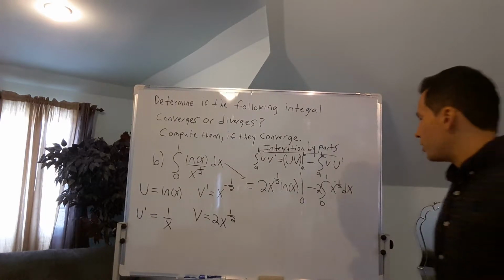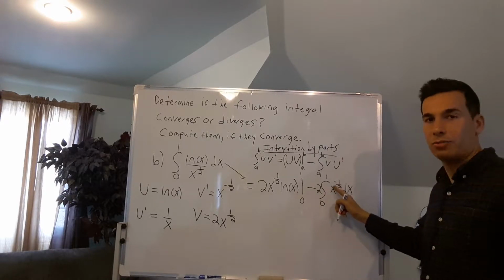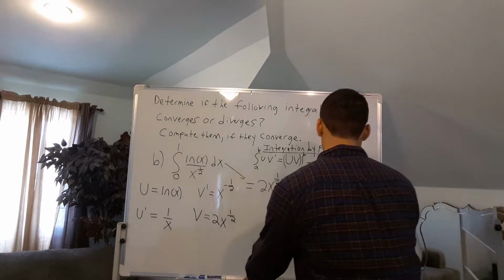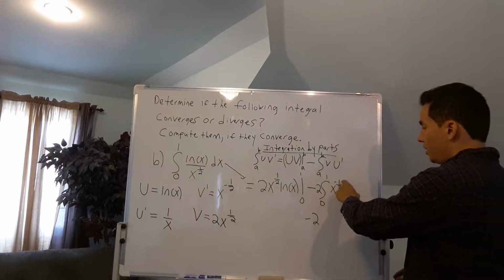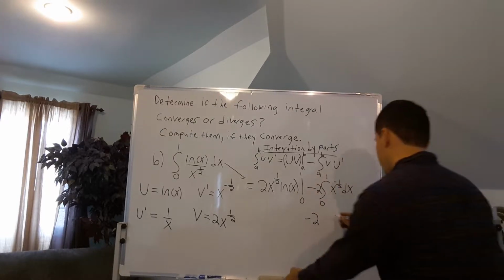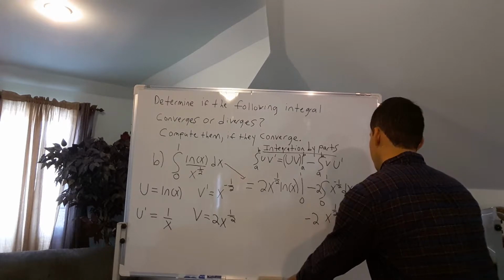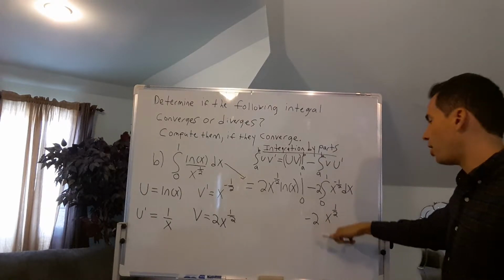Now this integral we could integrate without too much trouble. So let's integrate this one first. Minus 2. To integrate this, we're going to add 1 to this exponent, so that will give us x to the 1/2. And then we're going to divide by 1/2, which means to multiply by 2.